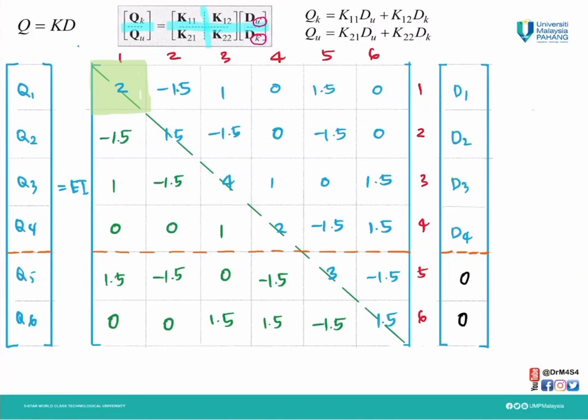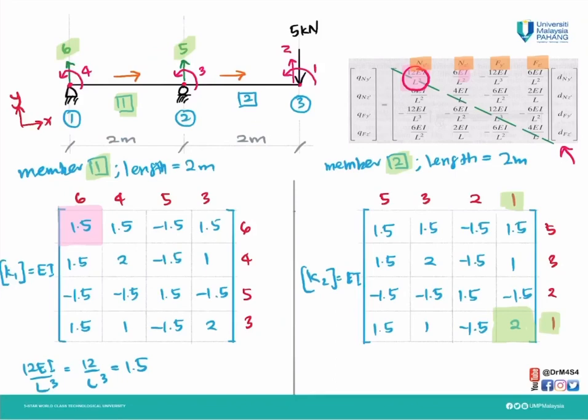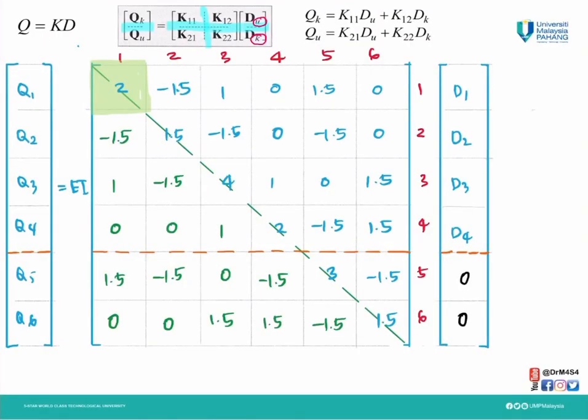Now let's find out what the forces are for Q1, Q2, 3, and 4. According to the question, there is no other force or load except a vertical force of 5 kN against the direction of 2. Therefore, Q2 is -5. The rest are 0.